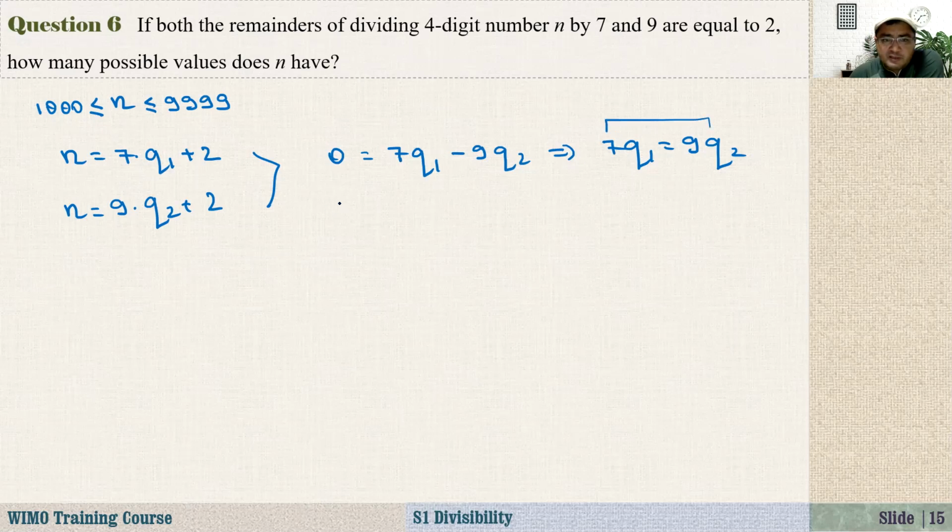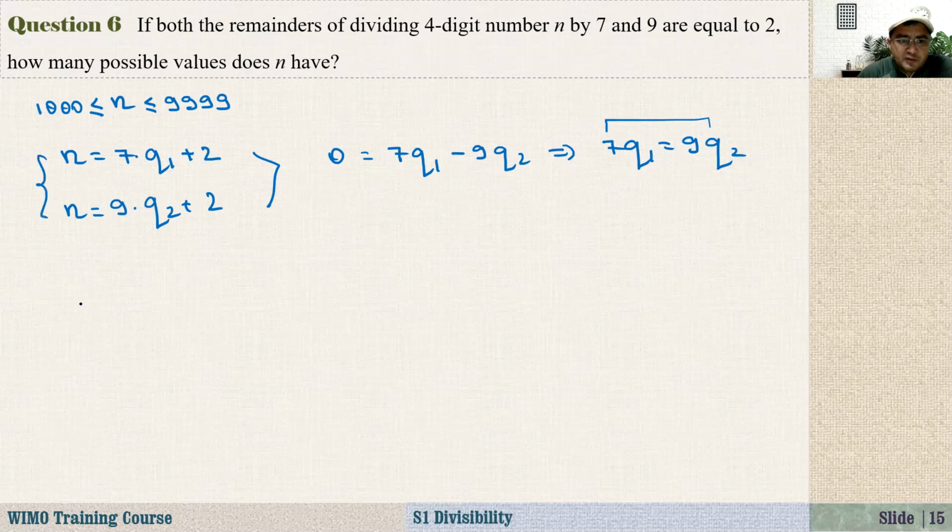That means that this n should be divisible by 7 times 9, that is 63k. So it must be in this form. Sorry, it's not like this yet. Which means that q1 is divisible by 9 and q2 is divisible by 7.